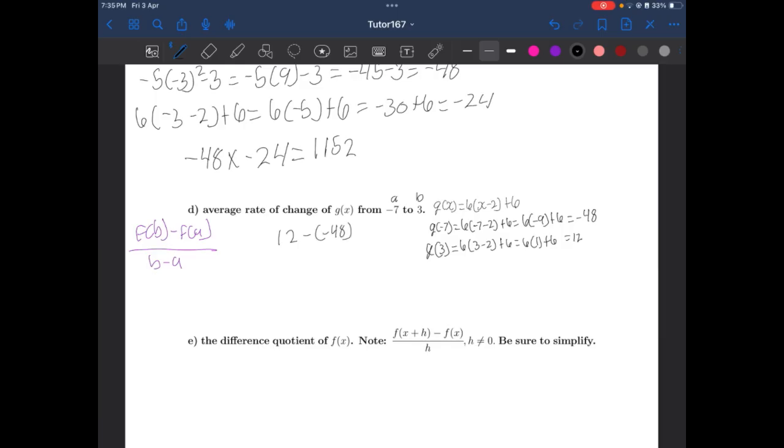I put the minus and then the negative in brackets because that's a negative 48, divided by b minus a. So that's 3 minus negative 7. So that's equal to 12 plus 48 divided by 3 plus 7. So that's equal to 60 divided by 10. So our answer is 6.